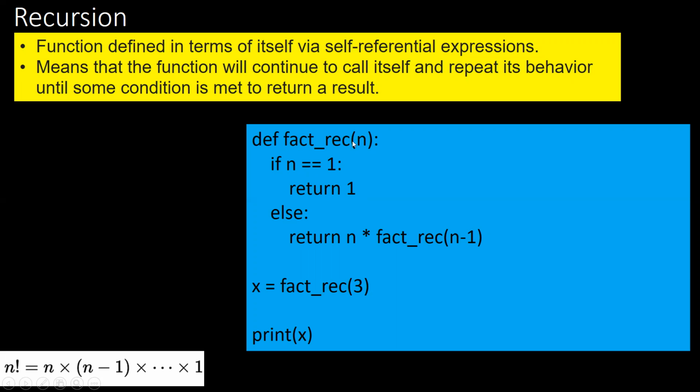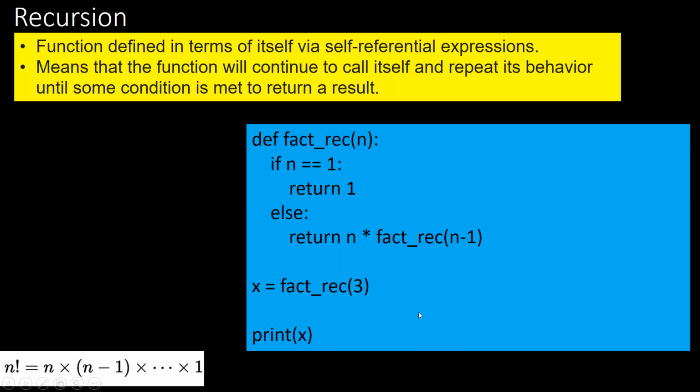Else, if the value of n is not 1, then it returns n, whatever the value is, multiplied by this function called by itself with n subtracted by 1, each time. It will keep calling itself, and then the result will be displayed.